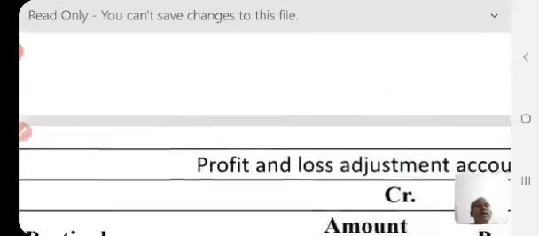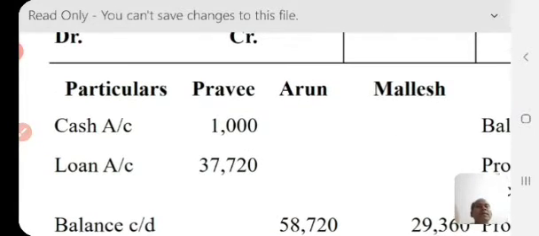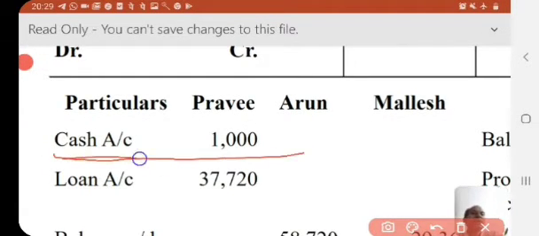So this is what is mentioned here. Cash is paid to Praveen 1,000 as per the adjustments.